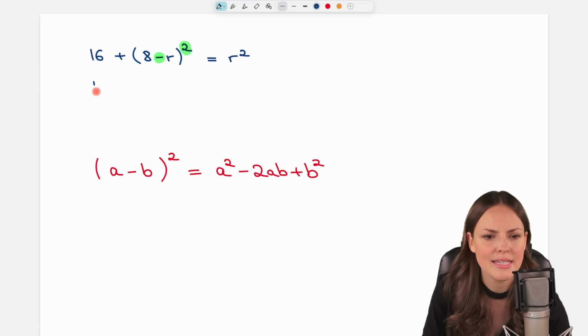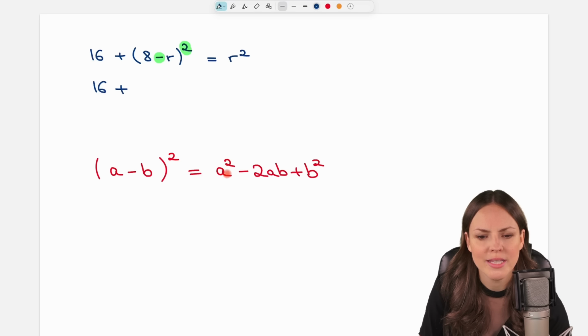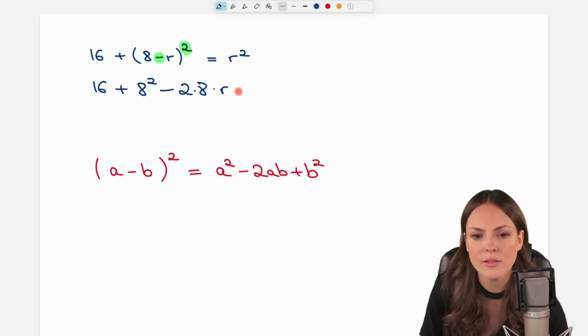We have the 16 at the beginning, and now we start with a squared. So we take the first part and square it, which is 8 in our case, 8 squared, minus 2 times a times b, so 2 times the first part, the 8 times the second part, the r, plus b squared. So in our case, r squared then.